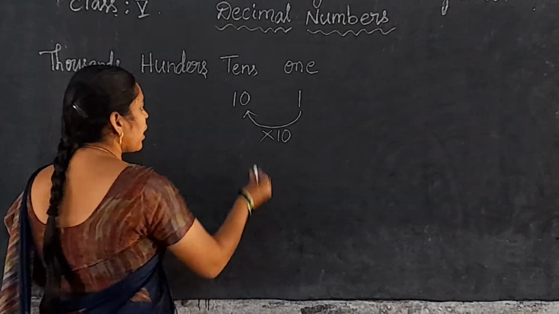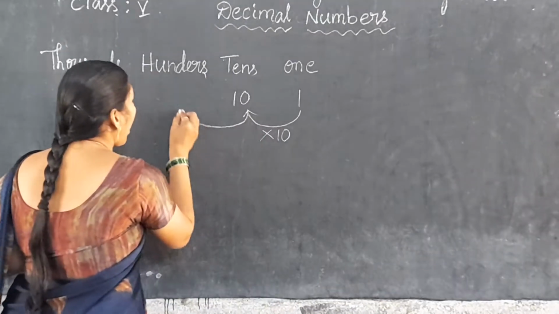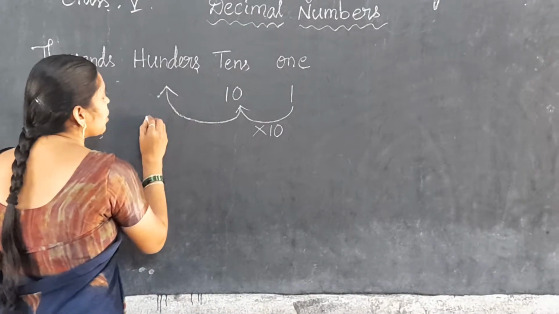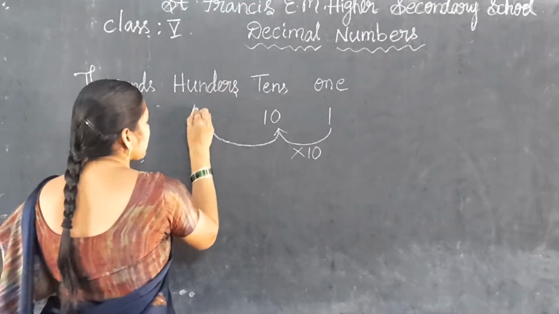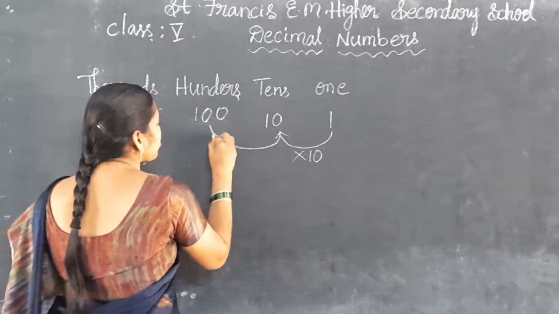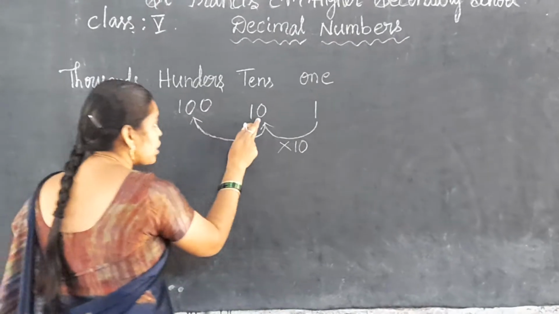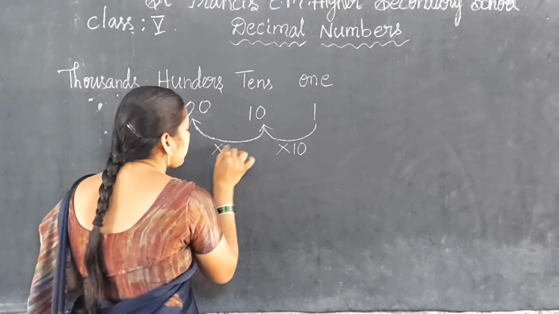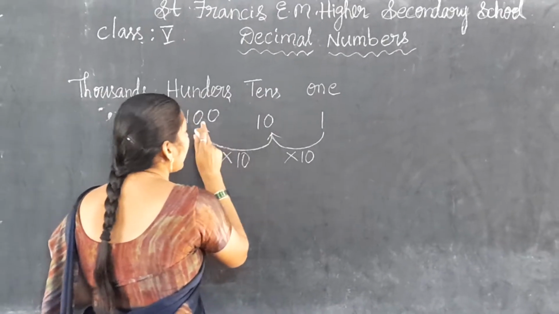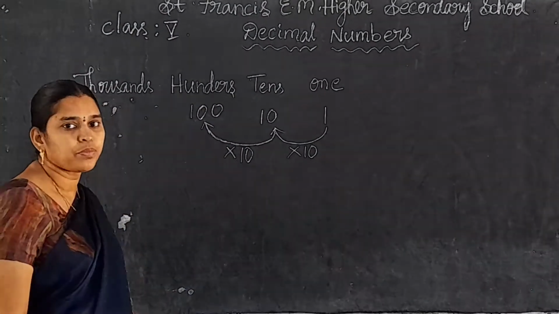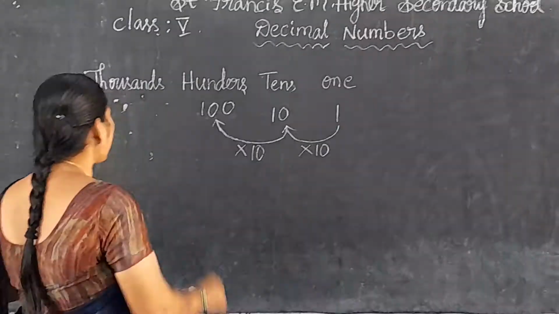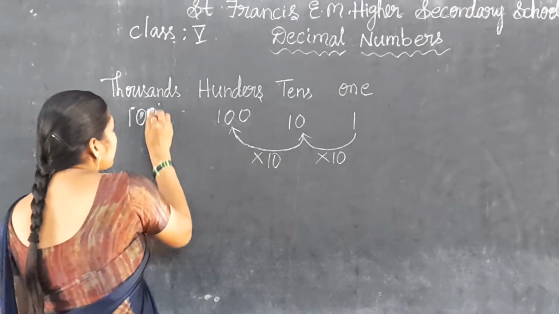Now, same way, tens to hundreds. This is hundreds place, right? This tens place, you are multiplying by 10, you will get 100. Okay, children? Again, this is thousands place.